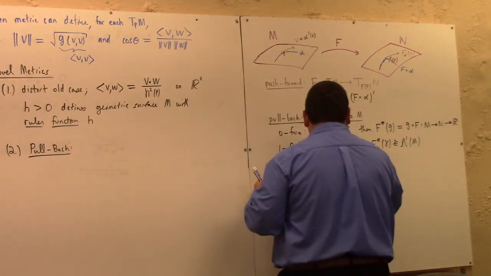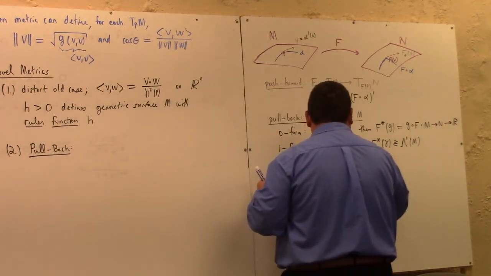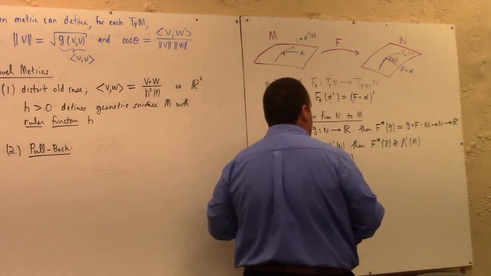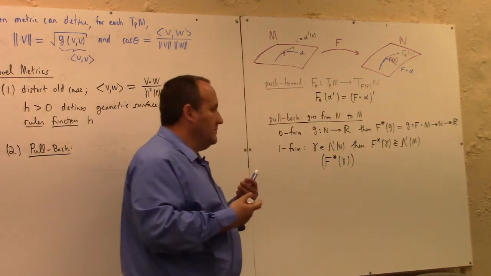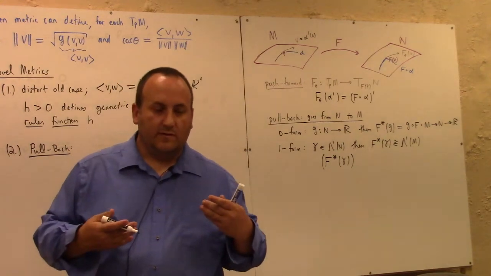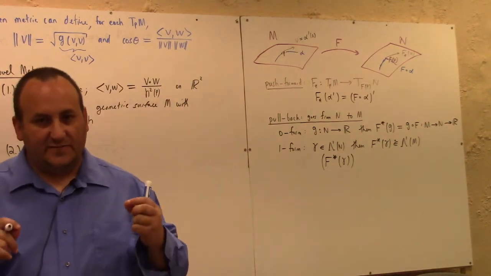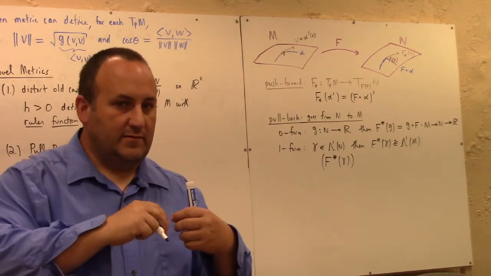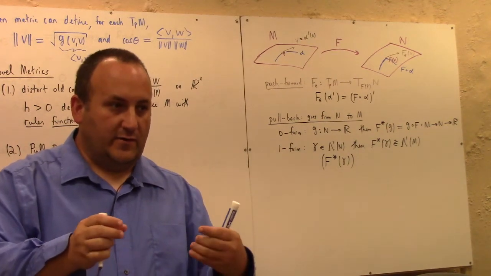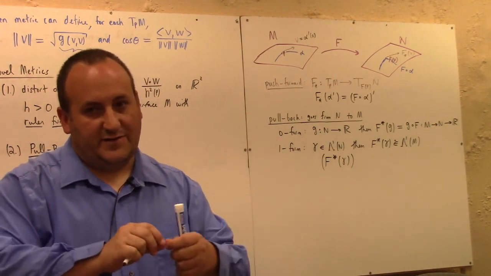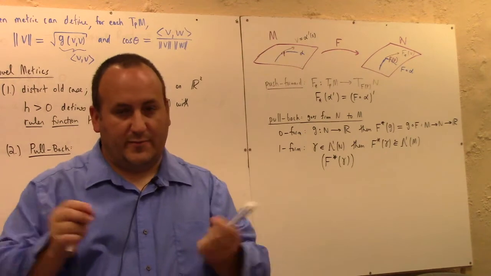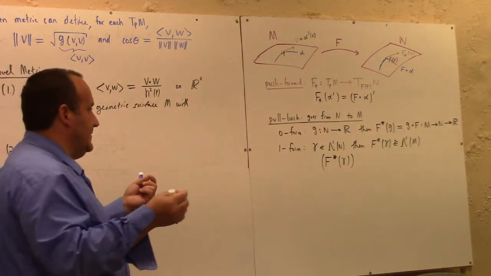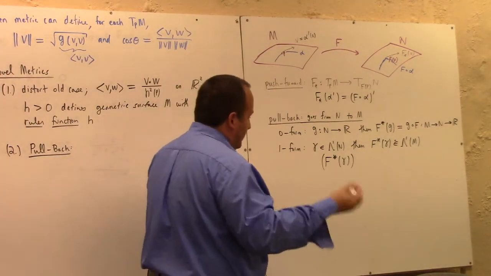What does a one form do? A one form acts on vectors to give you back numbers if you're at a point. Or a one-form field acts on a vector field to give you back a function if you want to think about more than one point at a time. A smooth scalar function.